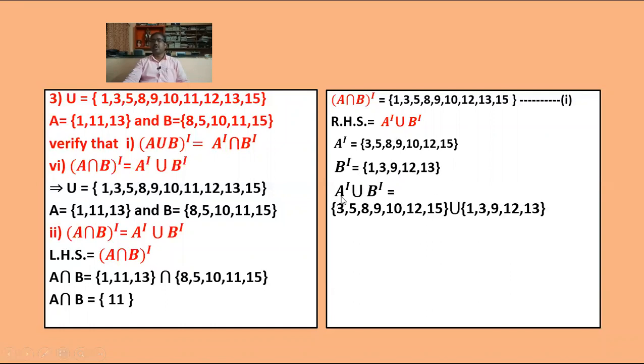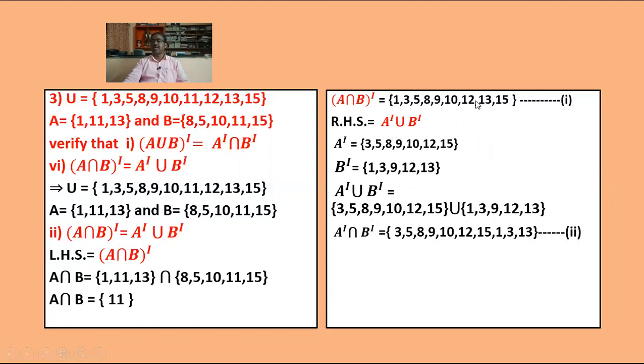Take the union of A complement and B complement. All elements in A complement and B complement taken in a single set. Therefore, we get 3, 5, 8, 9, 10, 12, 15, 13, and 1. We get equation number 2.